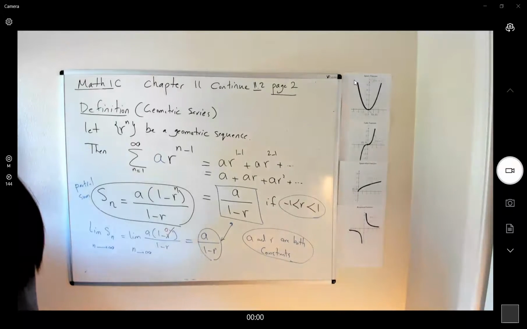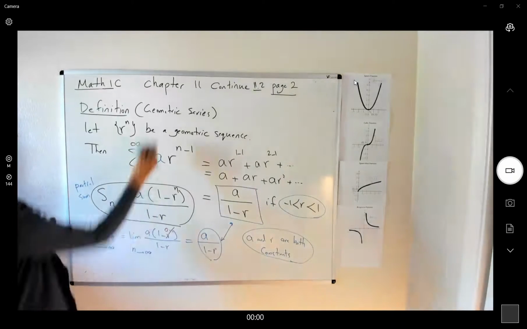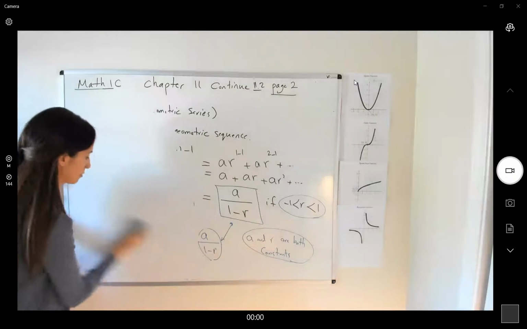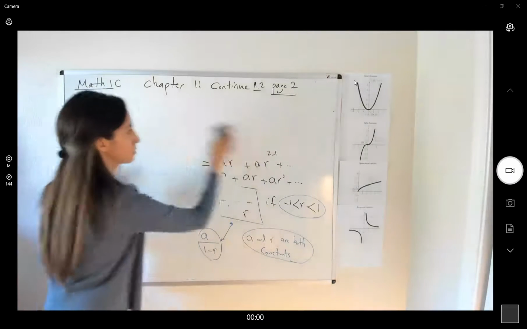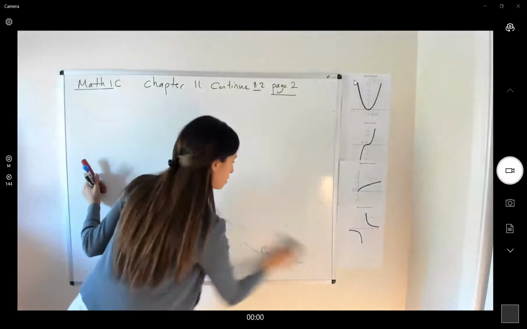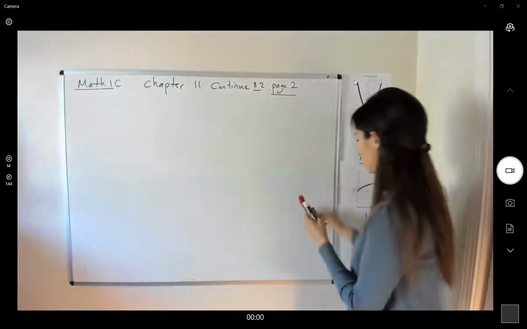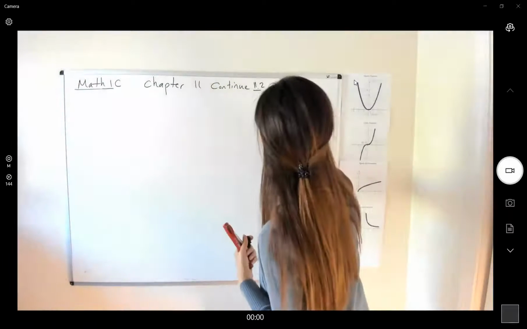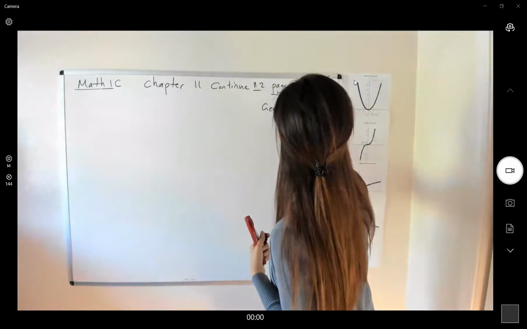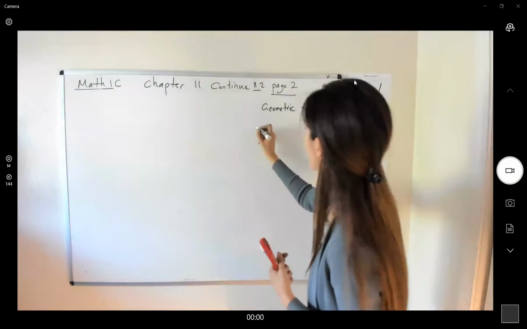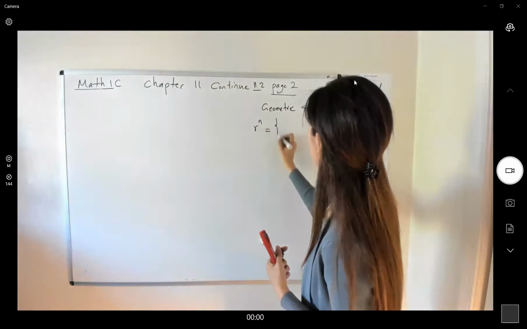Okay, example. So let me write this little thing here for you. For a geometric sequence, we have r to the n, defined this way.